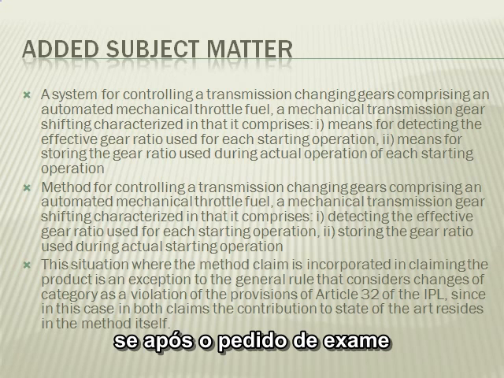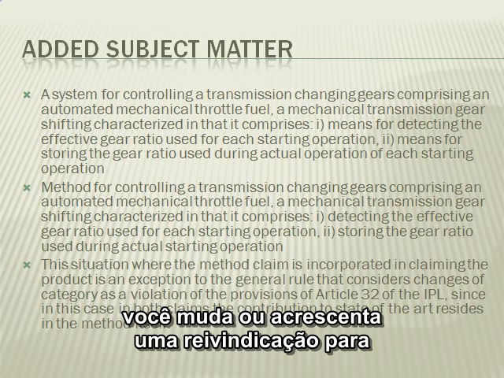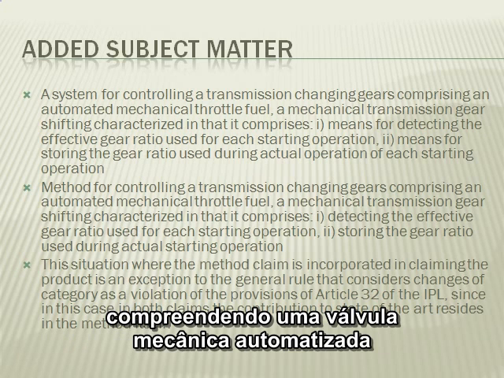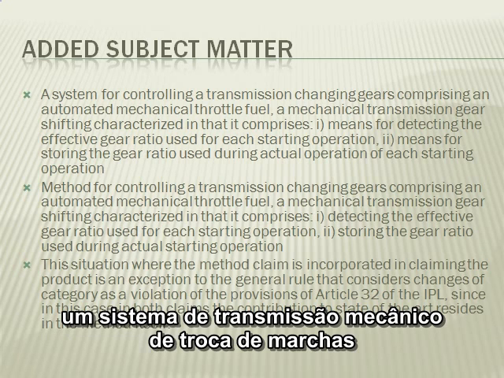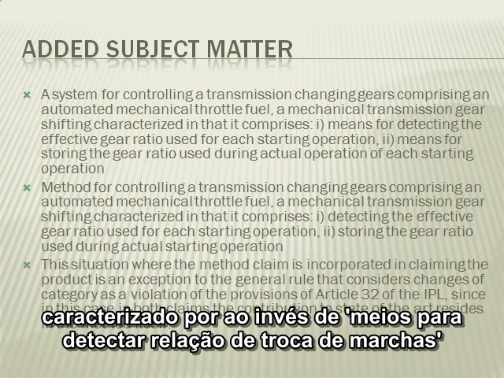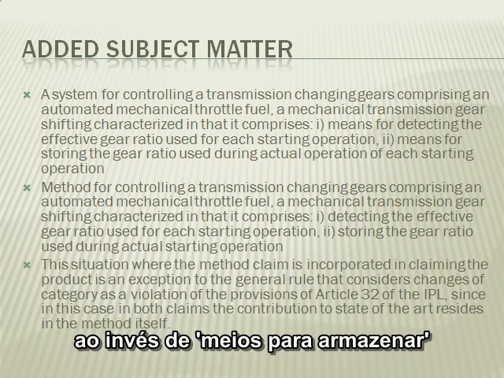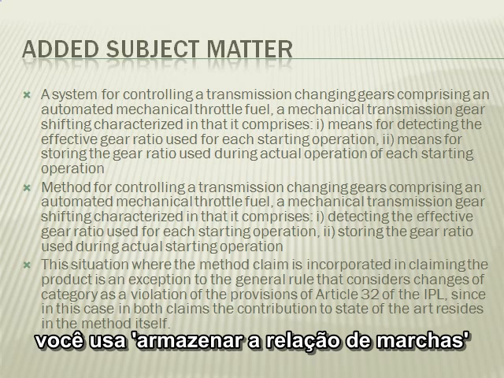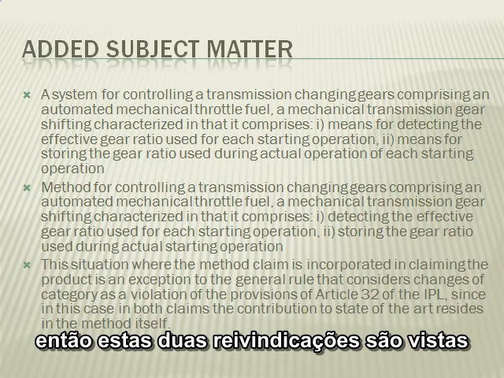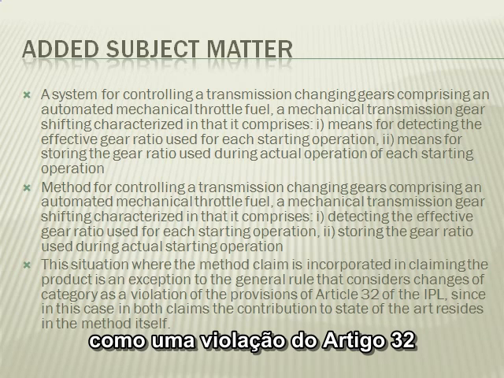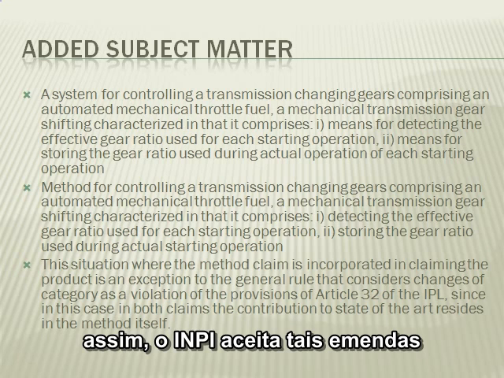If after the examination request you change your claims to method for controlling a transmission changing gears, comprising automated mechanical throttle, a mechanical transmission gear shifting, characterized in that it comprises, instead of means for detecting the effective gear ratio, you use detecting the effective gear ratio. Instead of means for storing, you use storing the gear ratio. So for both these claims we understand that this is an exception to the general rule that considers changes of category as a violation of provisions of Article 32. So we accept this amendment.